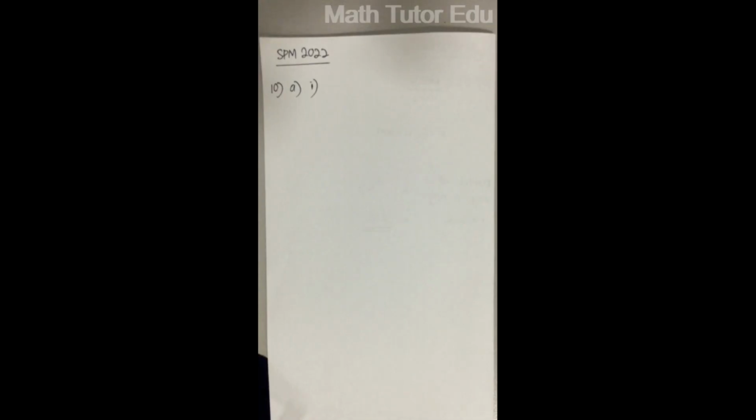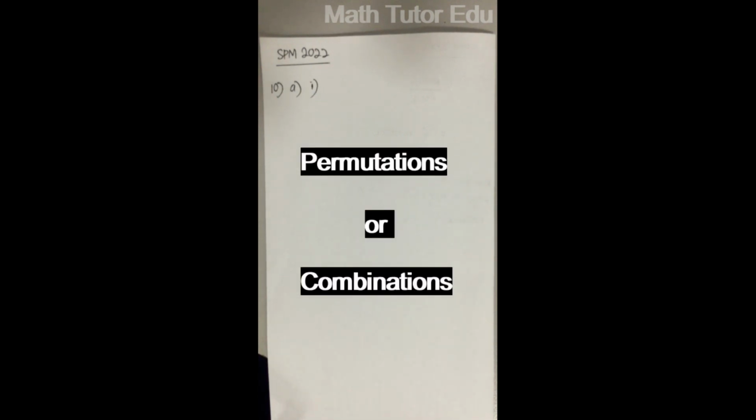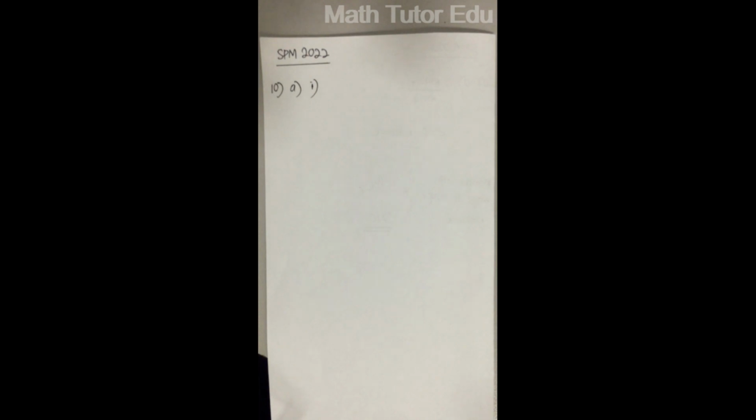Let us begin our discussion for question 10A part 1, where they ask us to find the number of different ways NV can buy the items if she wants to buy notebooks only. Before you begin, identify whether this question is asking for a permutation concept or a combination concept. By the end of reading the whole of part A, you should conclude that this question is asking for a combination concept. How to know? It's very simple.